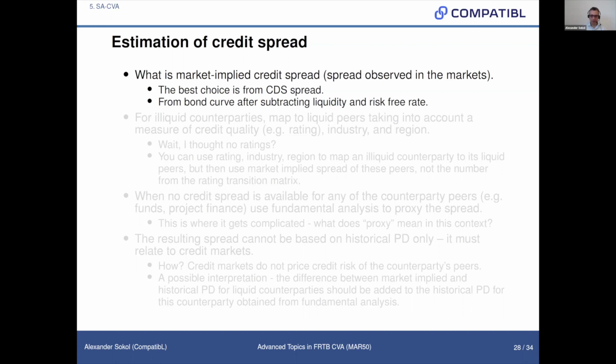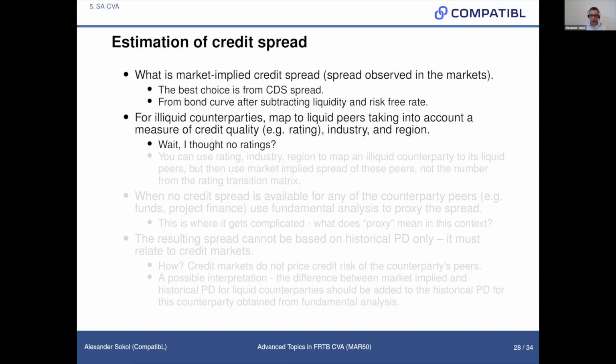So that's another way. Now, for illiquid counterparties, map to liquid peers. That's what the regulation says: for illiquid counterparties, map to liquid peers, taking into account a measure of credit quality, such as rating, industry, and region. Okay, so first thing is, I thought no ratings, right?